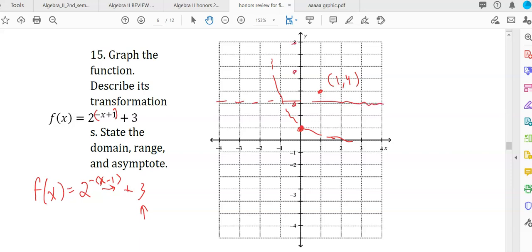Just ignore those. I didn't use them. So y equals 3. And I guess I could figure out the y-intercept. Plug in 0. You get 2 to the first plus 3 is 5. Something like that. So our graph looks roughly like this. Exponential decay.